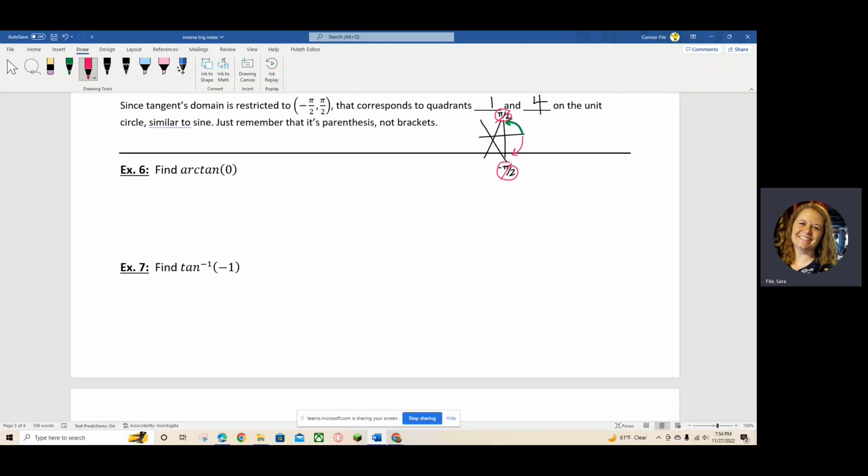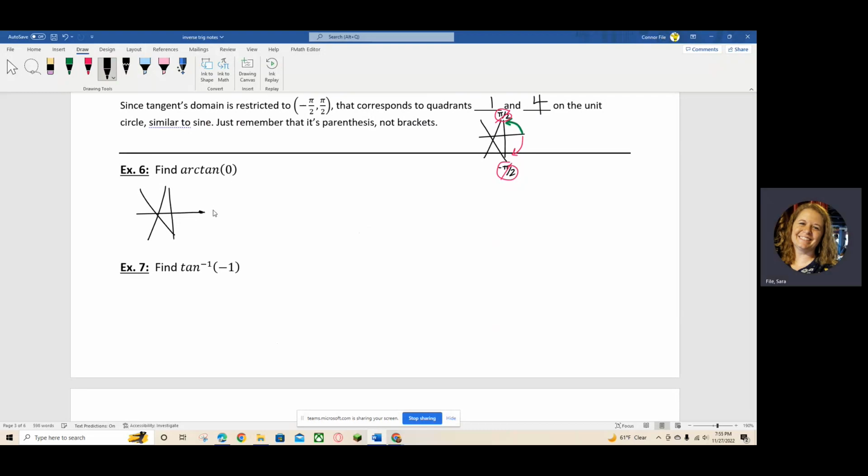All right, so in these examples 6 and 7, we've got arctan, remember that's the same as inverse tan, of 0. So this is tangent's value 0. If you need to sketch a picture, sketch a picture. We know inverse tangent will not be here. It's going to be in one of these. Now, 0 is in between them.